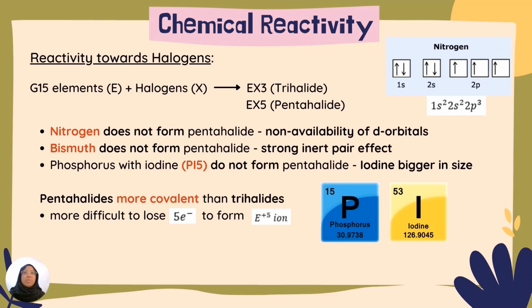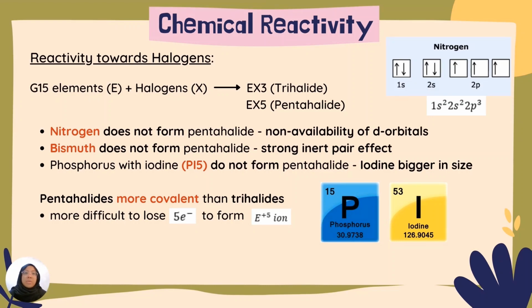Now we are moving to the reactivity of group 15 elements towards halogens. So when group 15 elements, denoted as E, react with halogens, denoted as X, they will form two types of halide, which are trihalide and also pentahalide.